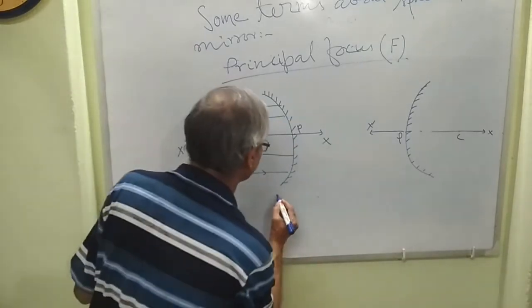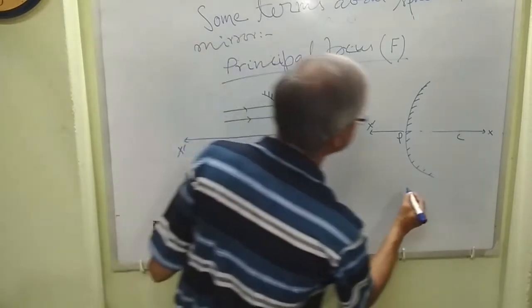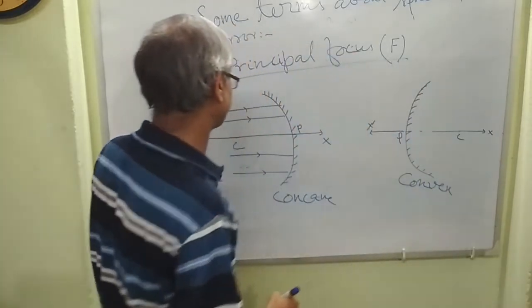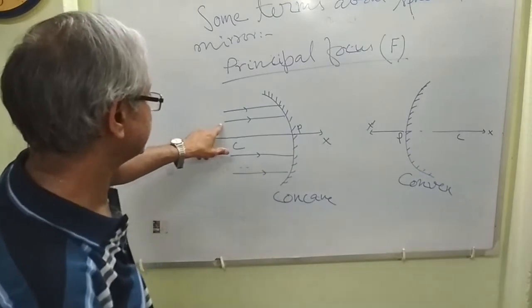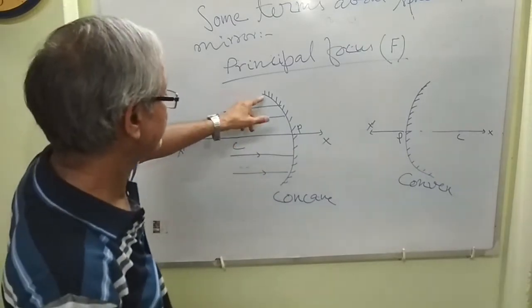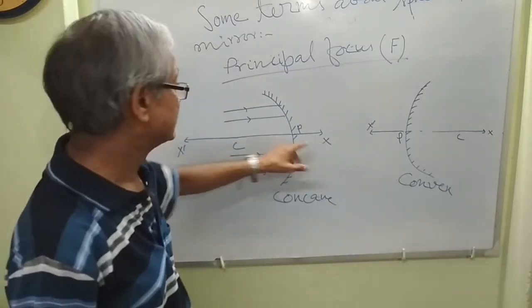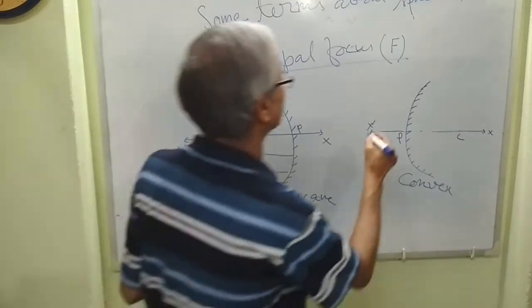This is concave, this is convex mirror. If a parallel beam of light is incident parallel to the principal axis on the reflecting surface of a spherical mirror, here we write this.